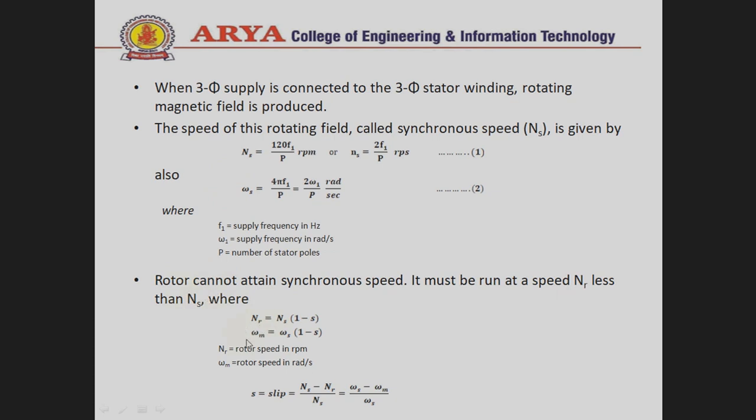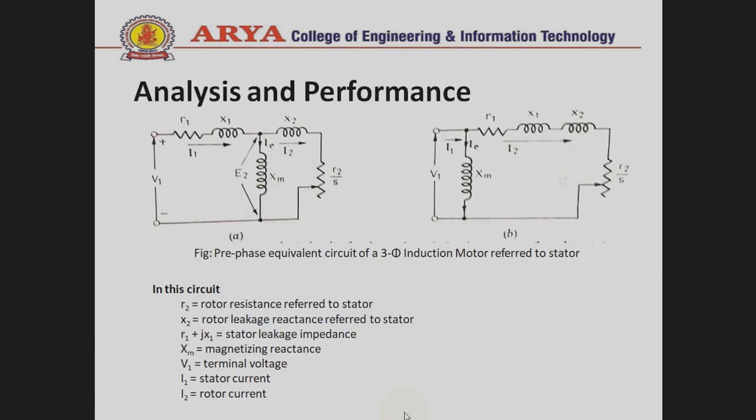So if we want to calculate the speed of the rotor, Nr is equal to Ns times (1 minus s), where s is the slip, and slip is basically the difference between the synchronous speed and the rotor speed. So by this formula we can calculate the speed of the motor and the slip in the motor.